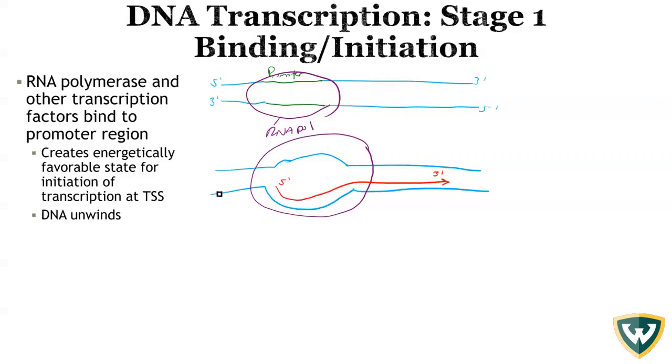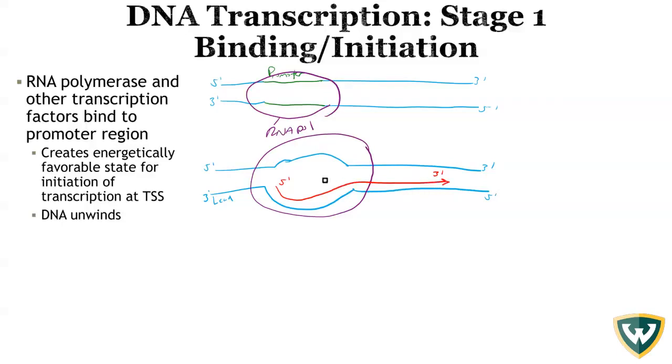If we remember, this is the 3' to 5' strand. And I may have misspoke. This would technically be the leading strand here, right? Because it's able to lead the RNA transcription downhill in one continuous strand.